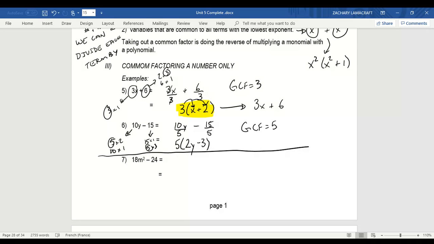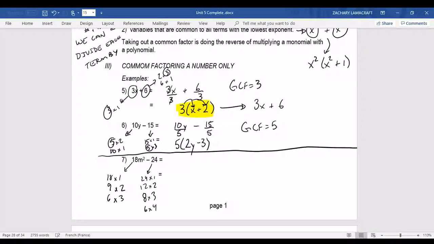If we look at the next one here, we have 18m squared minus 24. If we just look at some things, we can get 18 times 1, obviously, 9 times 2, 6 times 3. That's about it we can do. With 24, we've got 24 times 1, 12 times 2, 8 times 3, and 6 times 4.